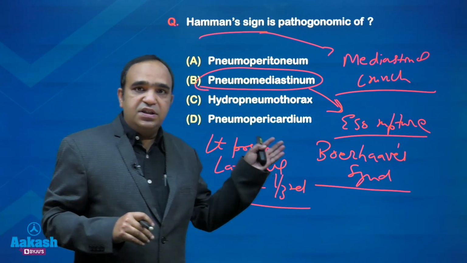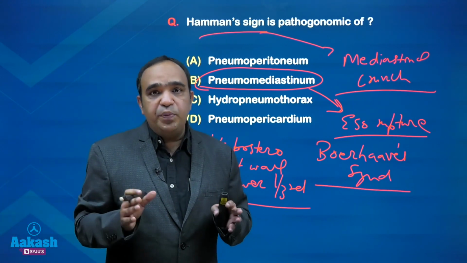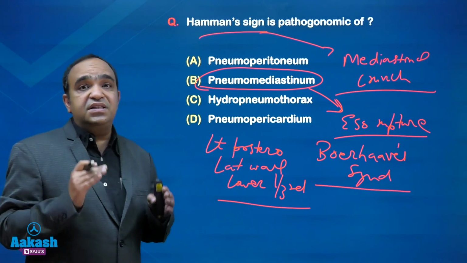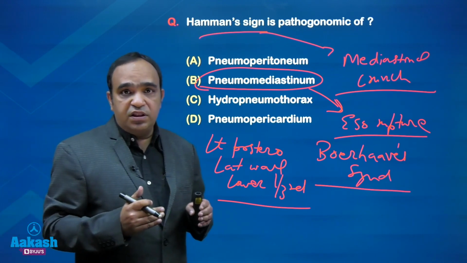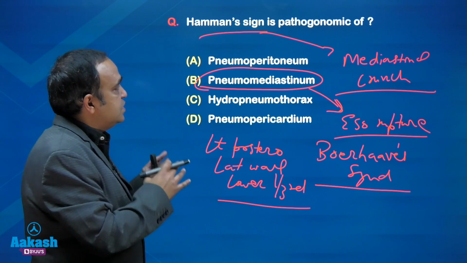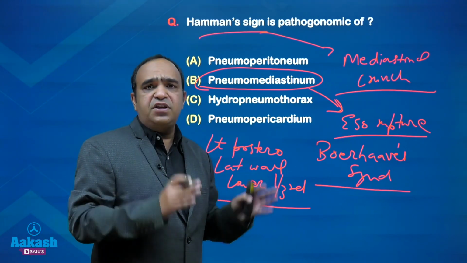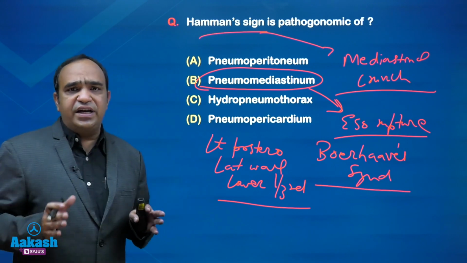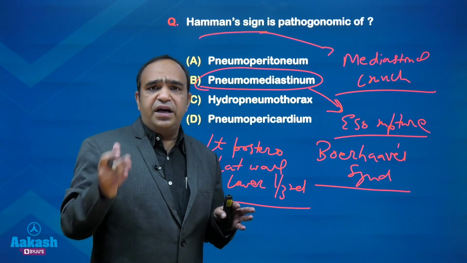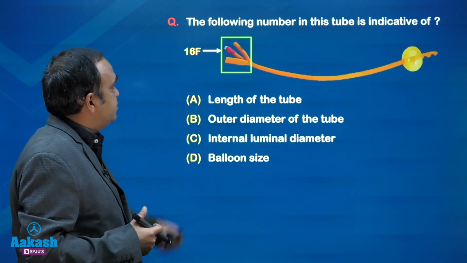In contrast to this, the instrumental, the endoscopic related esophageal ruptures, they happen in the upper 1/3, that is the cervical esophagus. So these are the main questions related to this. All these questions which have been asked recently in NEET or INICET exam have the high potential of being repeated in the subsequent exams.